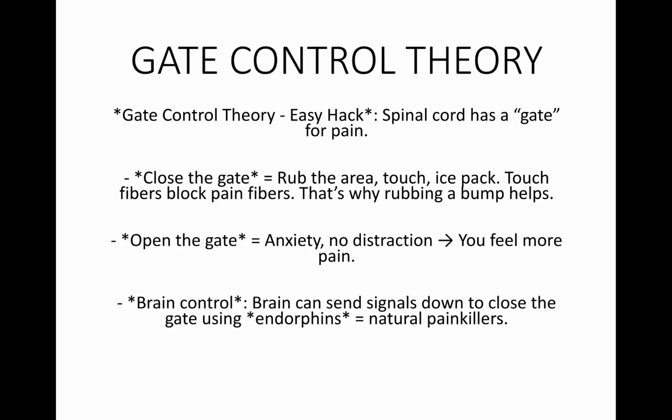Now, gate control theory. An easy hack to remember is that the spinal cord has a gate for pain. If you close the gate, what will happen? Rub the area, touch it, or apply an ice pack. Touch fibers block the pain fibers.